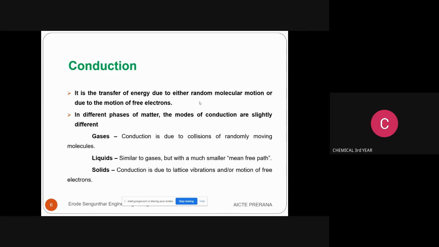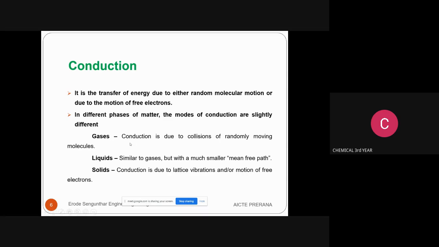That movement only gives the conduction process in the heat transfer. So we are particularly mentioning solid as the medium where the conduction process can easily occur. Why solid is the medium for conduction specifically? See, here I have mentioned the reasons. First, it is due to either random molecular motion or motion of free electrons, we came to know. And why solid only? See here, gases. Gases, we all know, are a medium of randomly moving molecules, right?